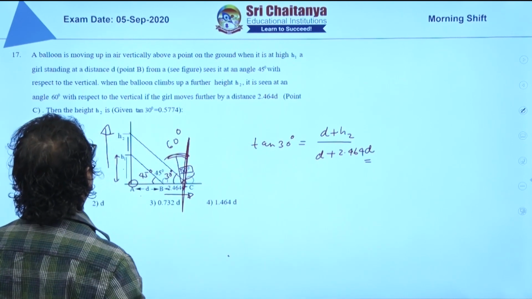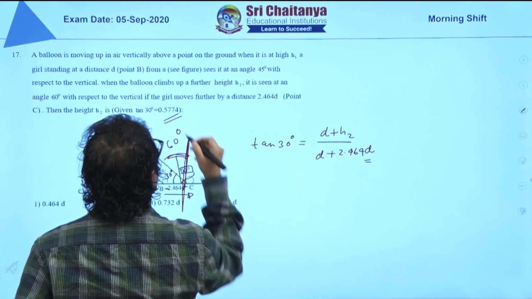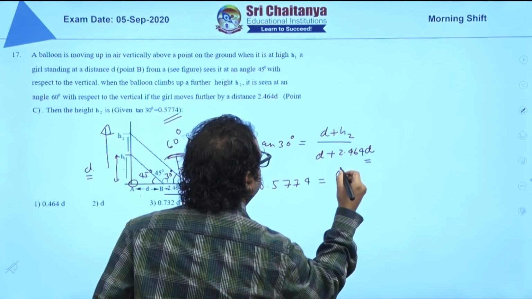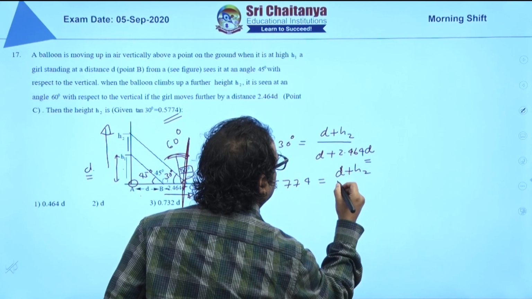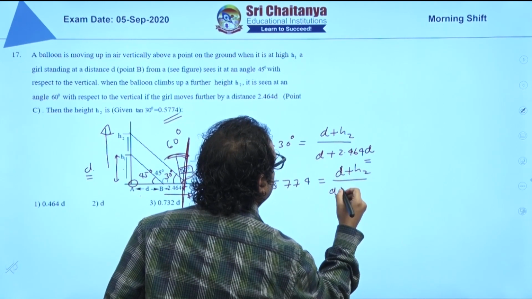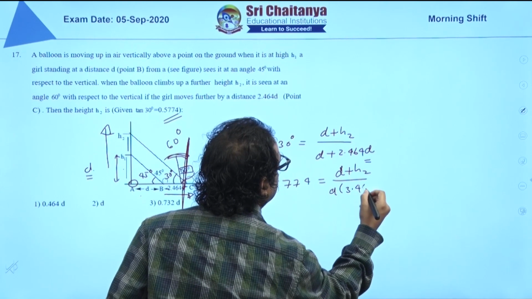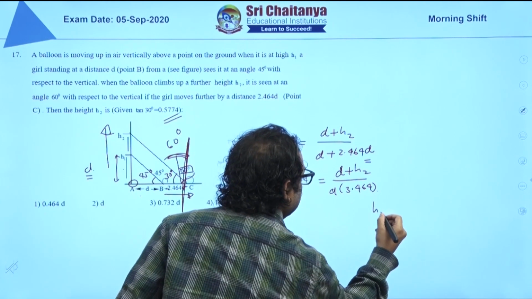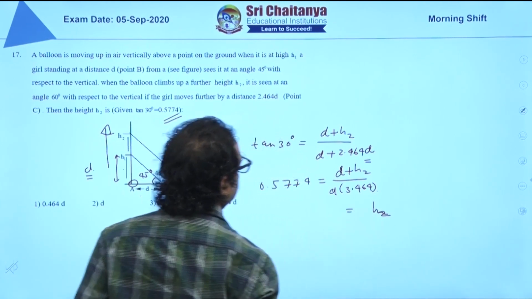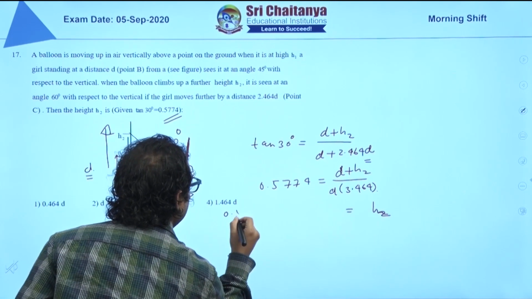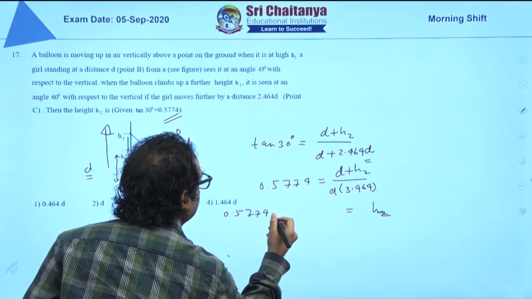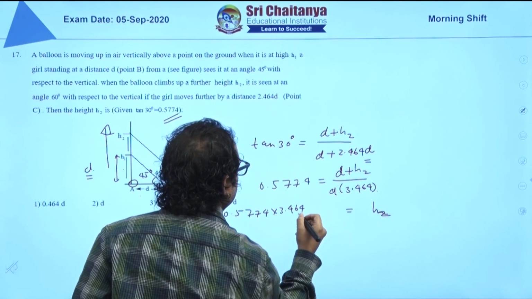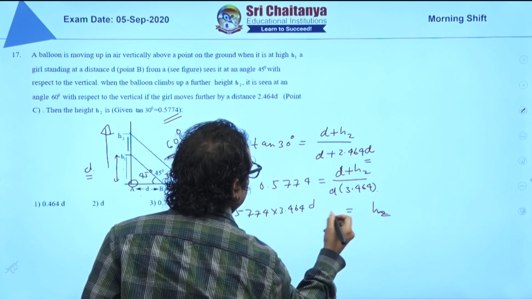So, tan 30 value we will put as 0.5774. So, 0.5774 is equal to (d plus h2) divided by d into 3.464. So, h2 is nothing but 0.5774 into 3.464 into d minus d.